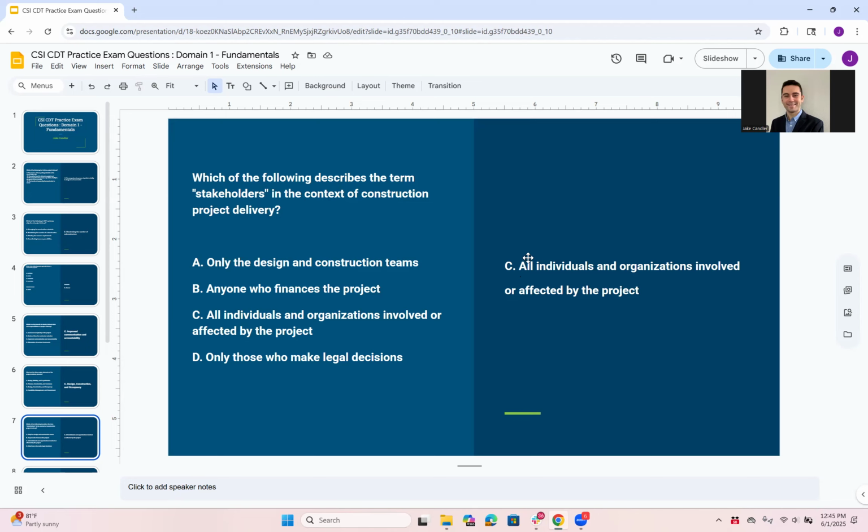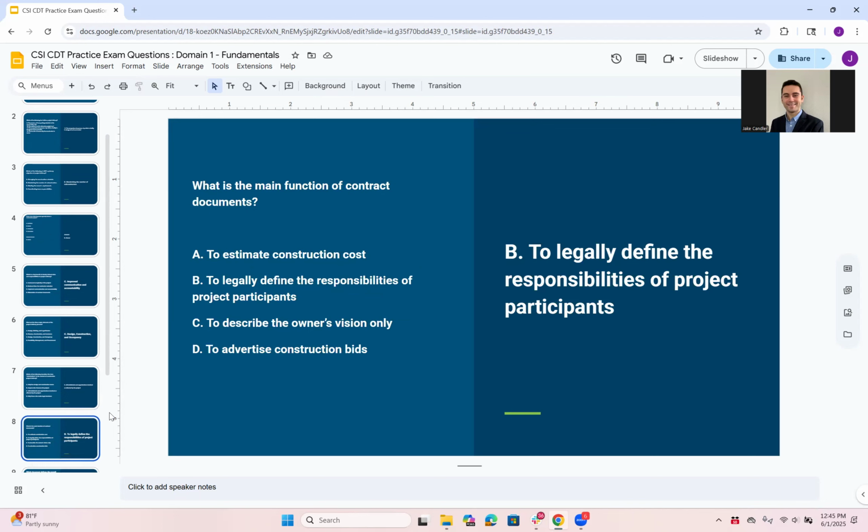This could be somebody involved in the project, maybe an investor. They'll be involved in the outcome of the project for sure. What is the main function of contract documents? And that is to legally define the responsibilities of project participants.